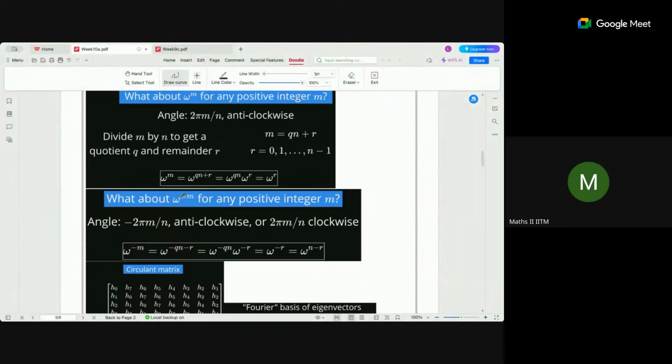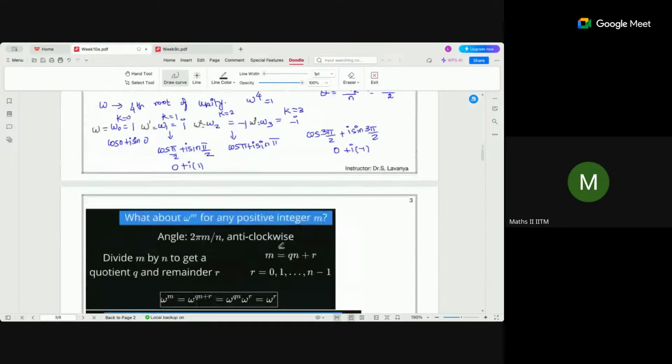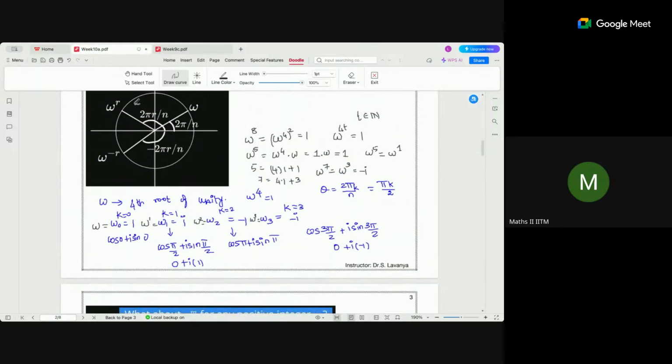Okay. So omega power minus m means, earlier we were rotating anti-clockwise, now we will go clockwise. When there is a minus, it means we are moving clockwise. So look at this picture. Here omega power r means we have rotated 2 pi r by n angle in the anti-clockwise direction.